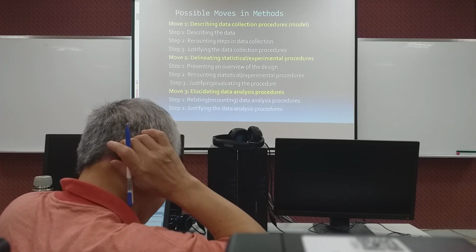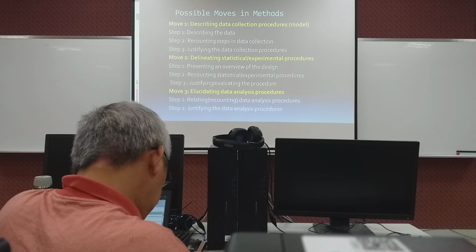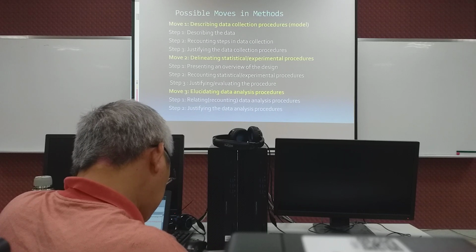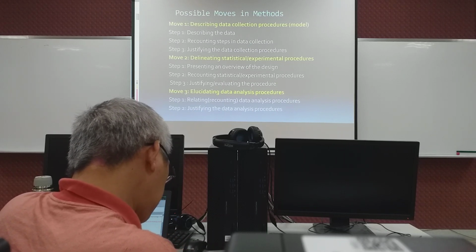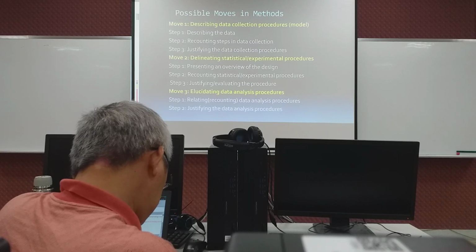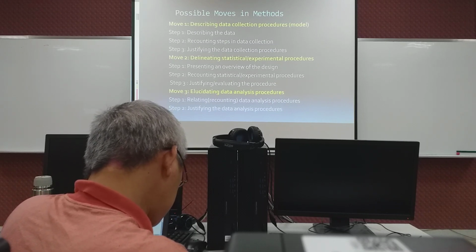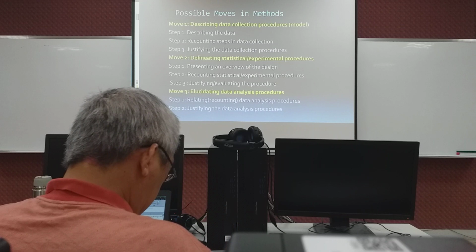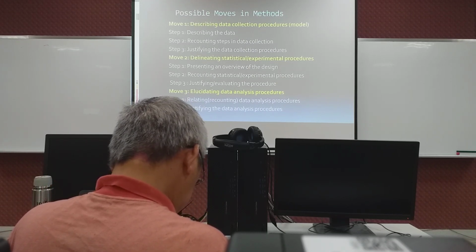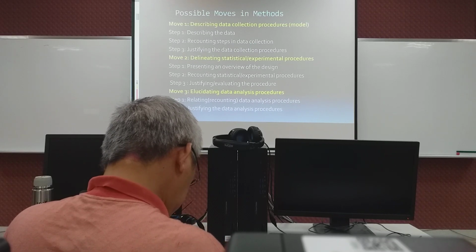Then procedure, right? The experimental procedure, the data collection procedure were tested by the same examiner. And also sentence number... Okay, so move 2 step 2 is sentence number 9, 10, 11.